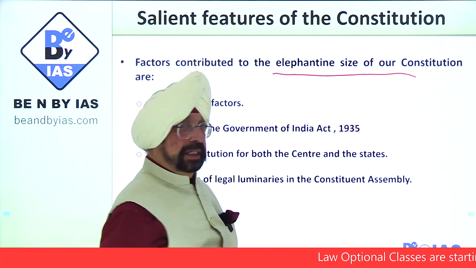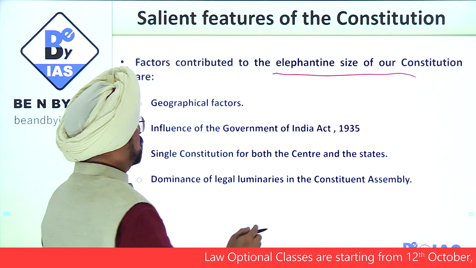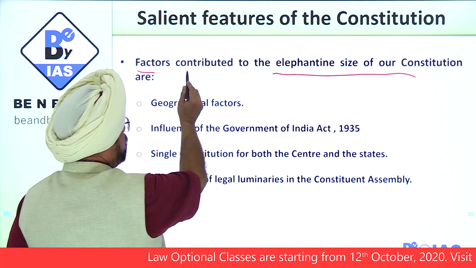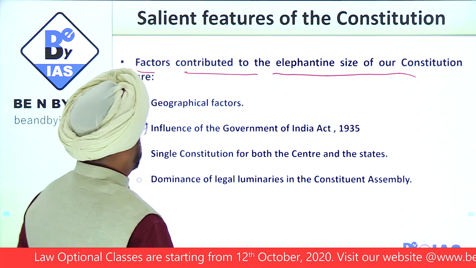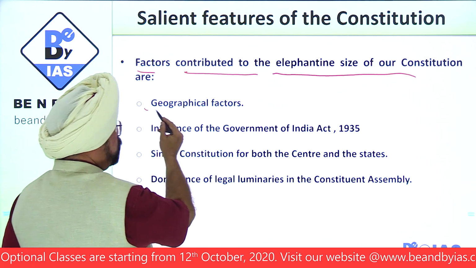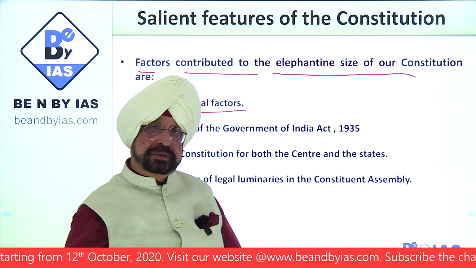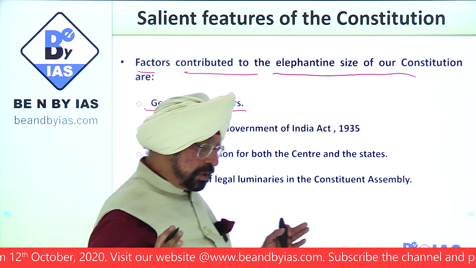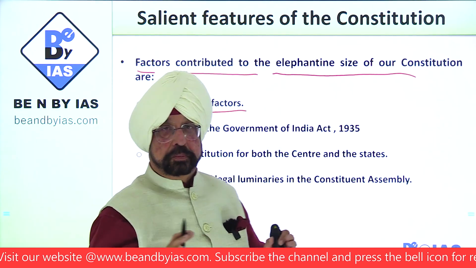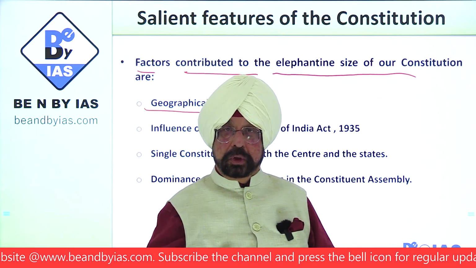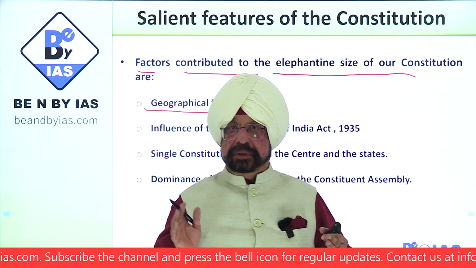So let us analyze one by one what are those factors which have contributed to its such a large size. The first thing is the geographical factors. Now, what are the geographical factors? Ours is a huge country in terms of size, in terms of population, in terms of diversity.